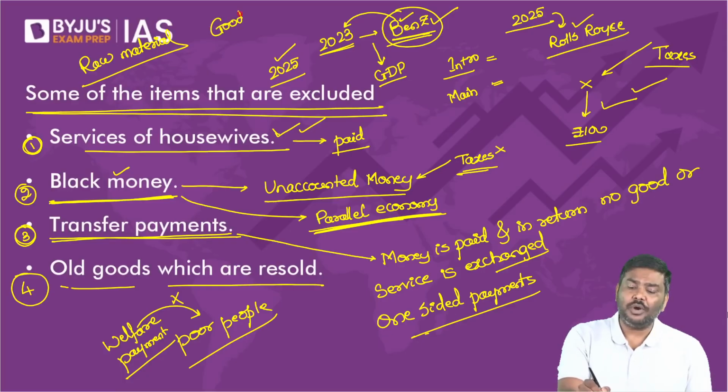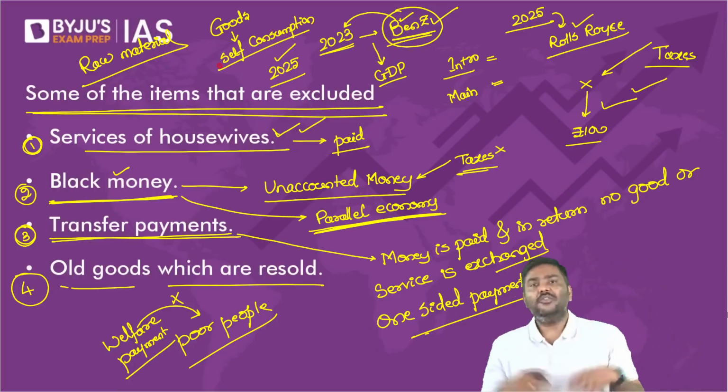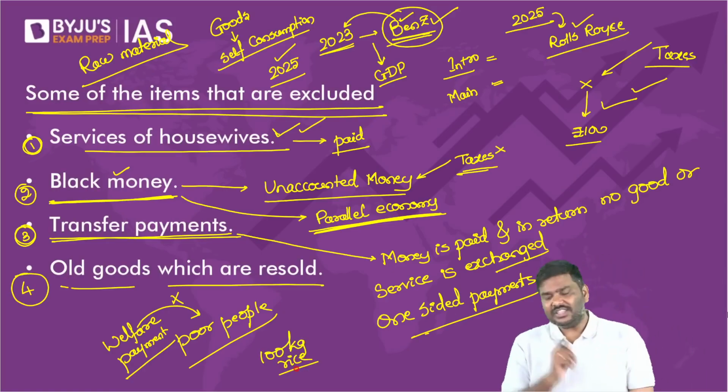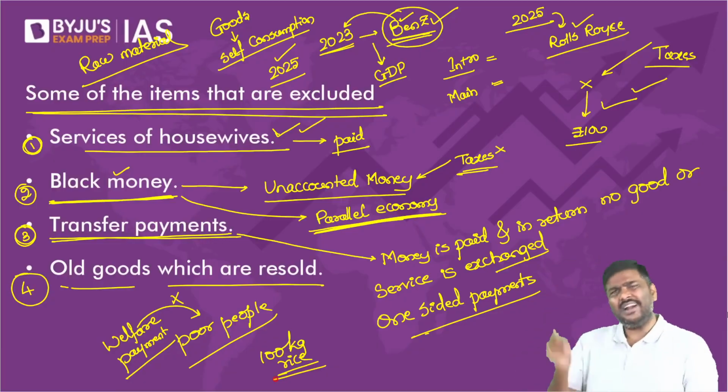That is very important. Specifically, have a look at this. The best example for this is a farmer. A farmer will produce, let's say, 100 kg of rice. Do you think the farmer will sell all the 100 kg of rice in the market?